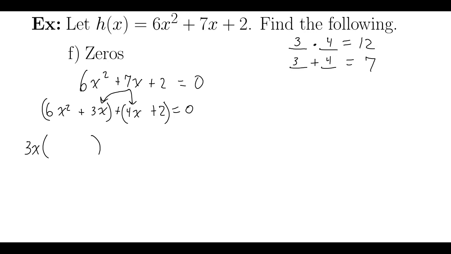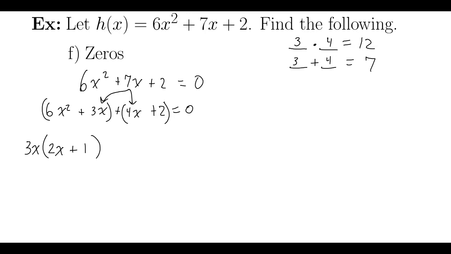Now to fill in the blank, you should think through: 3x times what would give me 6x squared? That'd be 2x. 3x times what would give me 3x? Well, that's my positive 1.